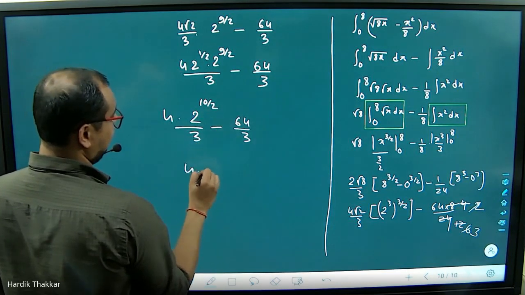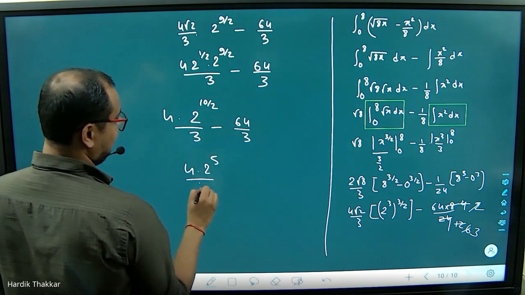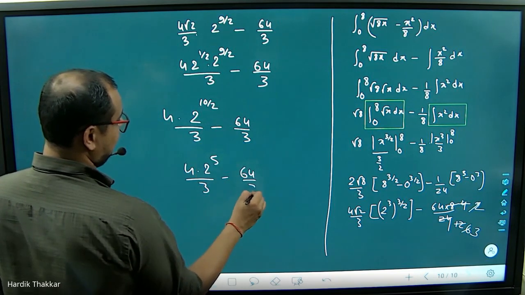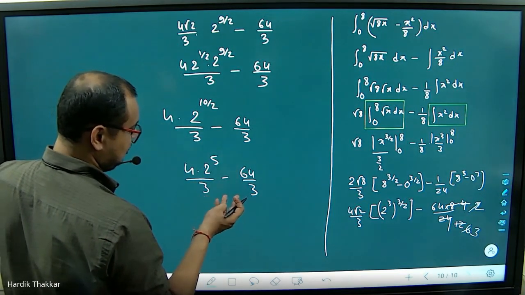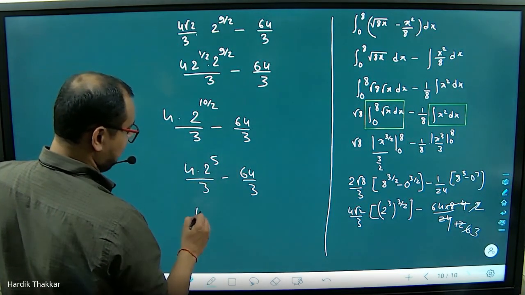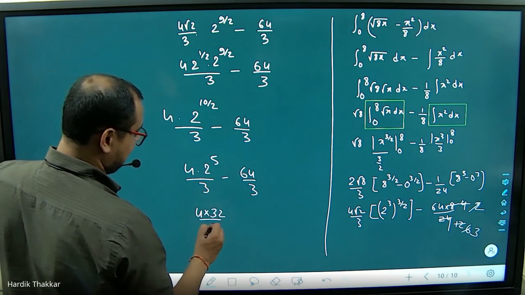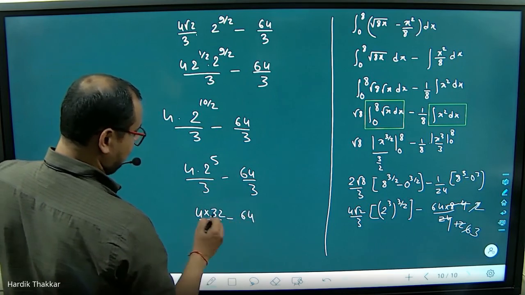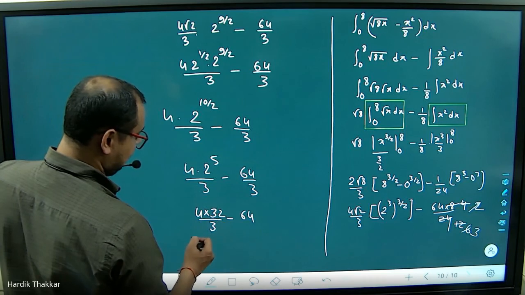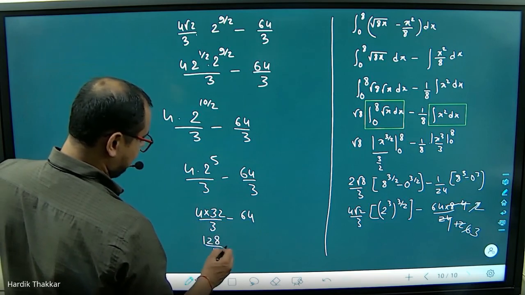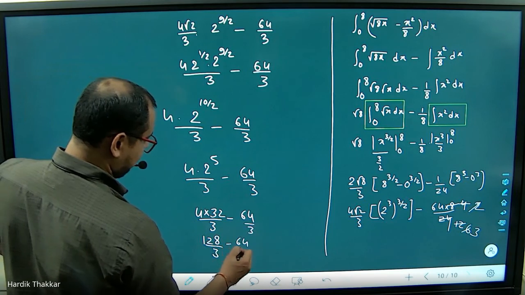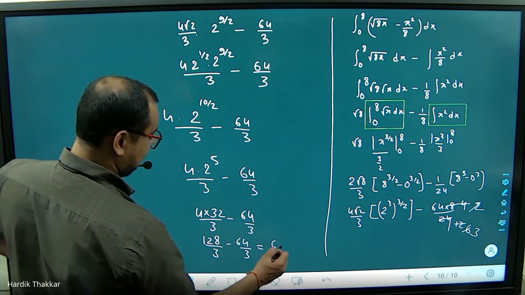Further, it will be 4 into 2 raised to power 5 divided by 3 minus 64/3. 2 raised to power 5 is 32. So it is 4 into 32 divided by 3 minus 64/3, which is 128/3 minus 64/3. So the final answer will be 64/3.